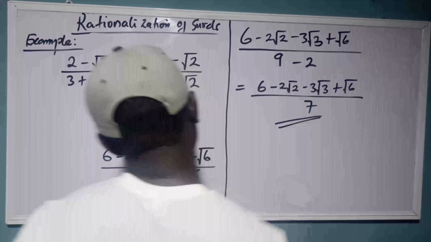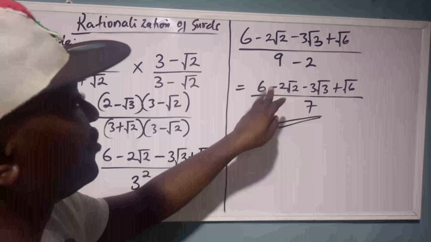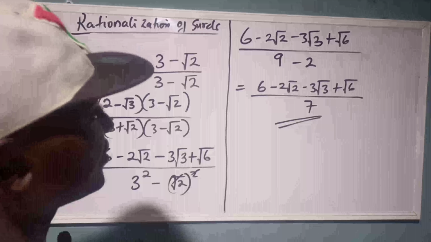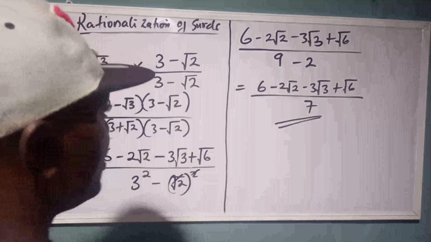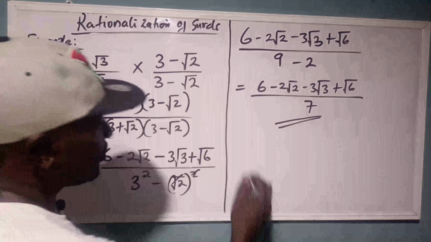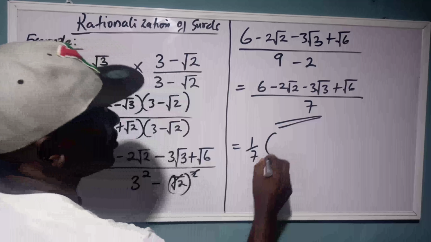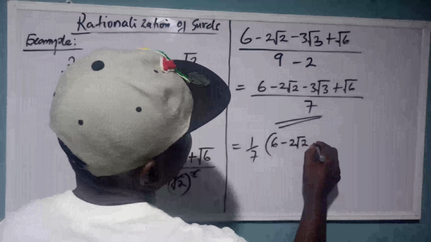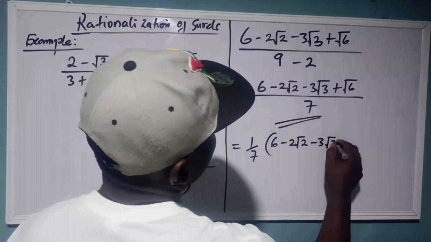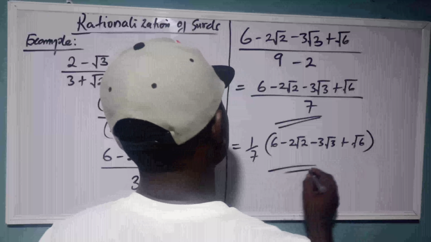And this is where we draw the curtains, because in this case there is nothing that is common in the surds and even in the numbers, so we just leave them this way. But to properly arrange them, you can just say 1/7 multiplying 6 minus 2 root 2 minus 3 root 3 plus root 6. That's it.